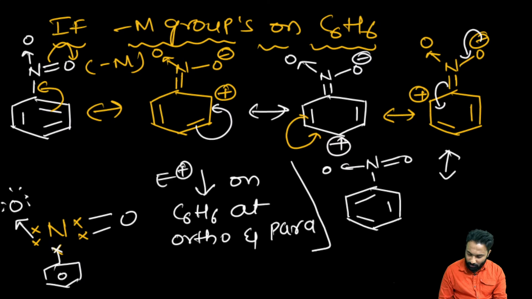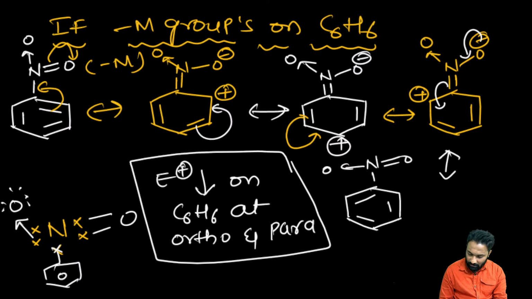Clear. If plus M groups are attached, they increase the electron density at ortho and para. If minus M groups are attached, they decrease the electron density at ortho and para. Clear. Now next, very important, the meta position increases.